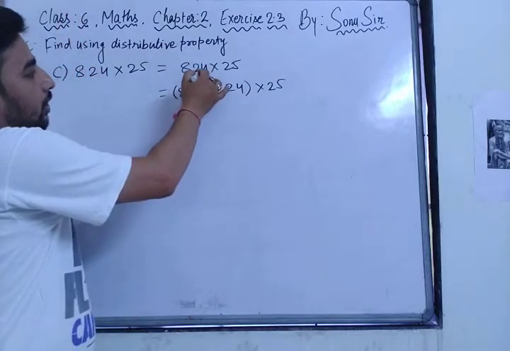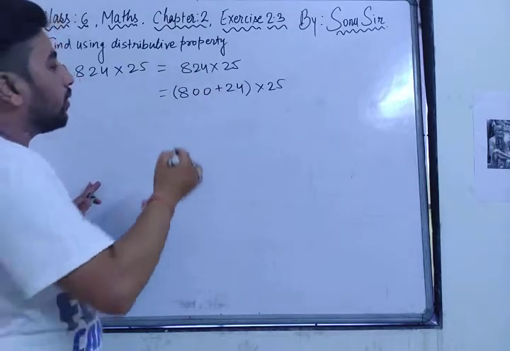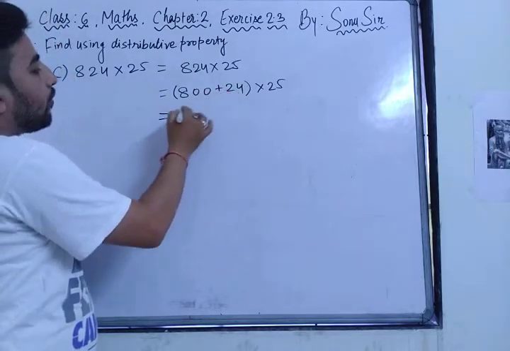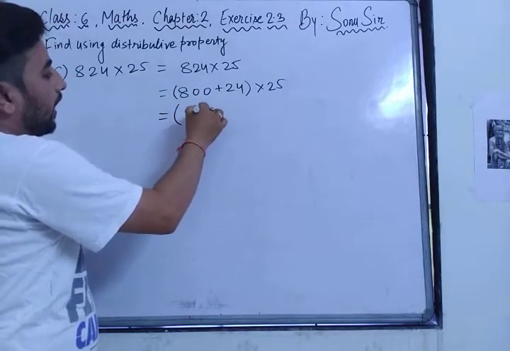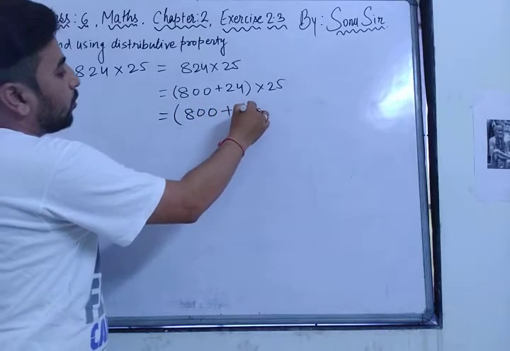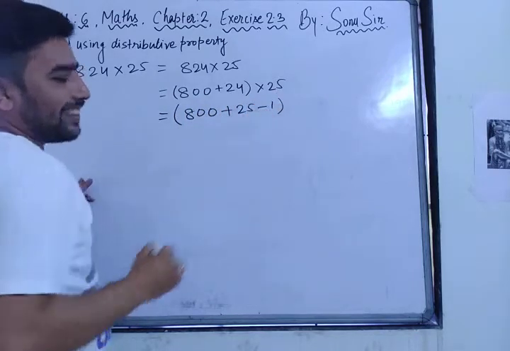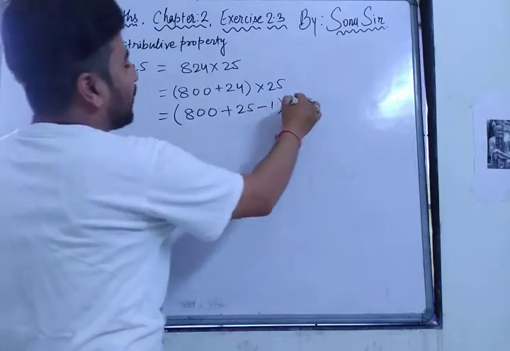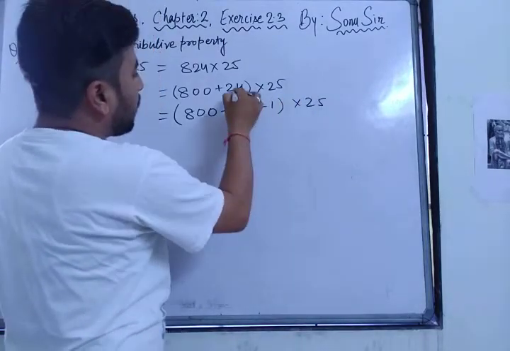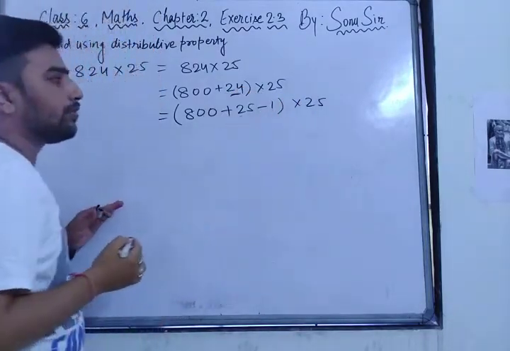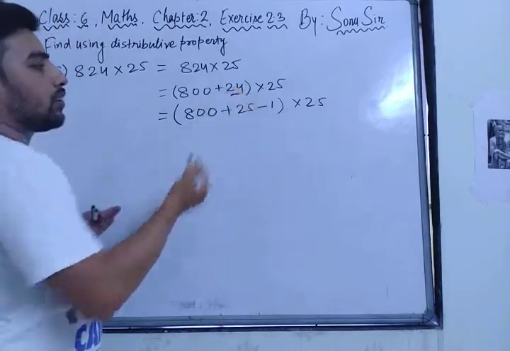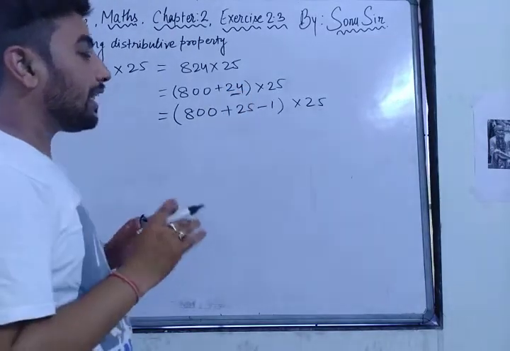Definitely we can write 800 plus 24 instead of 824. Now instead of 24 you can do one more thing: 800 plus 25 minus 1, into 25. Got it? So instead of 24, can we write 25 minus 1? Yes, 25 minus 1 is equal to 24. So now that will be easy to solve.